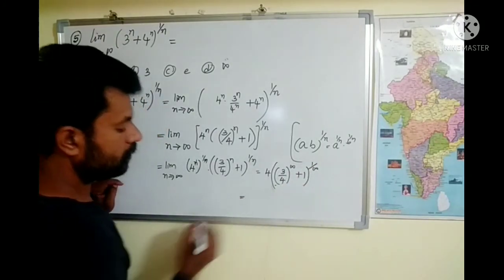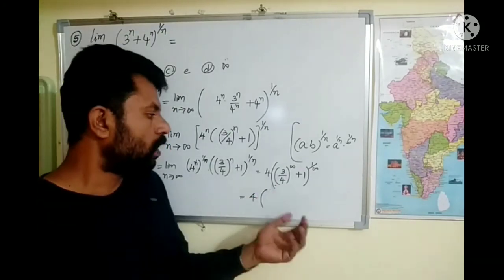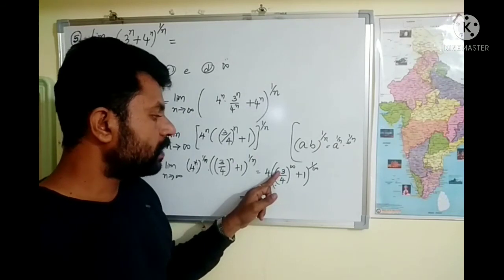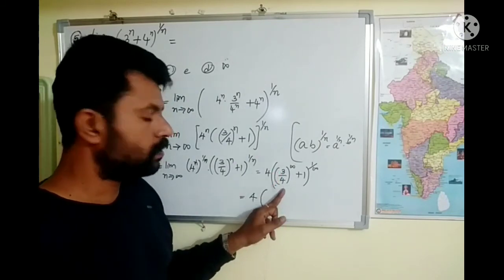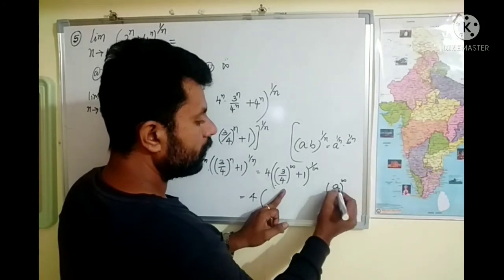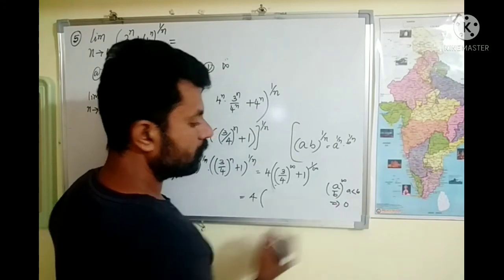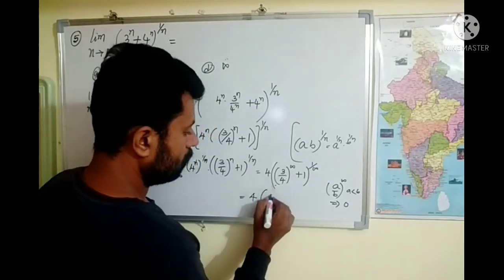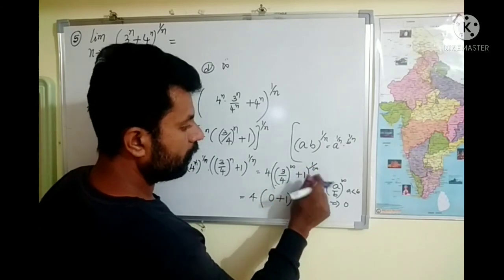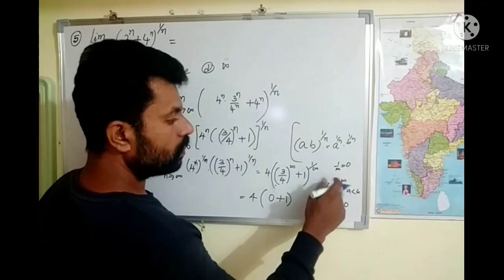Already we discussed in a previous example form: when the numerator is less than the denominator, a by b to the power infinity, where a is less than b, we consider this value as 0. So 0 plus 1 whole to the power 1 by infinity. Here 1 by infinity is equal to 0.